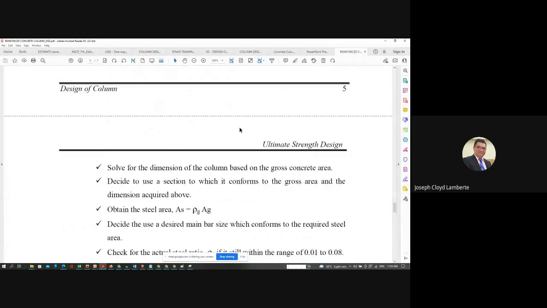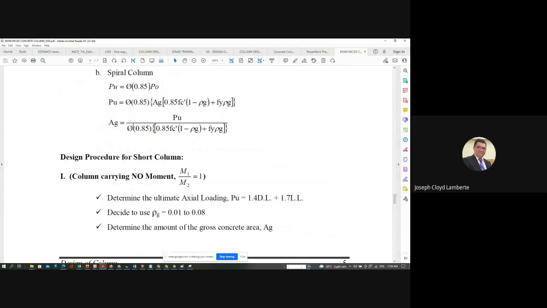Next, solve for the dimension of the column based on the gross concrete area. Since you are given AG, you can solve for your dimension. If it is square, you just take the square root. If rectangular, you need to decide on a width to depth ratio.